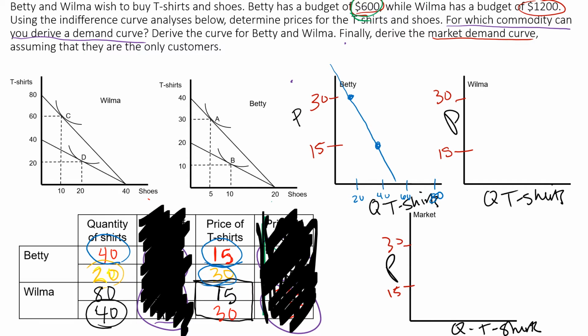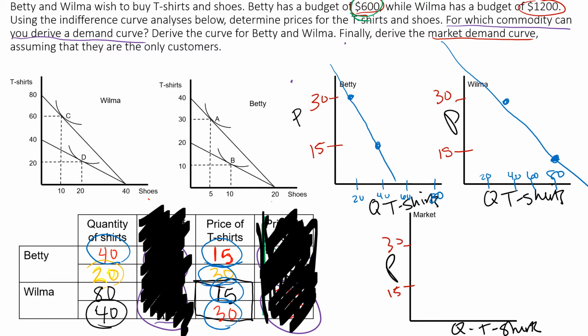And we can see it's as the price decreases, she wants more shirts and vice versa. Okay, for Wilma's curve over here, we have 20, 40, 60, 80. At $15, she's willing to buy 80 shirts, and at $30, she's willing to buy 40 shirts.